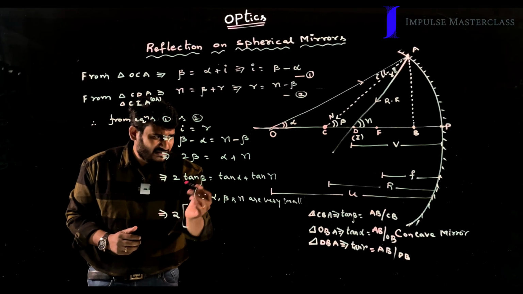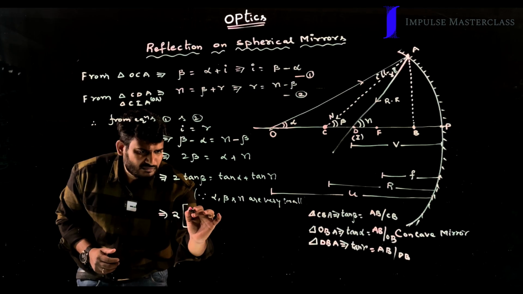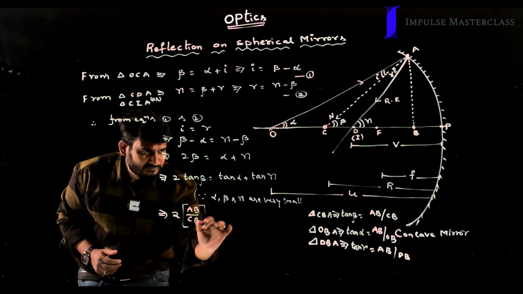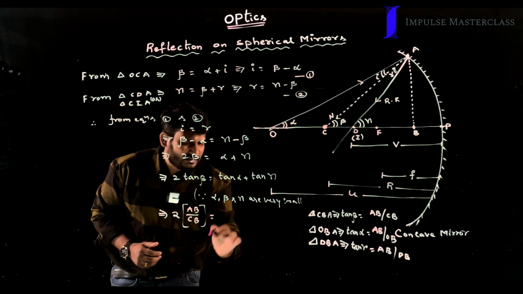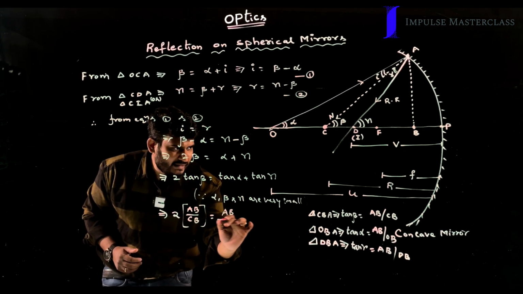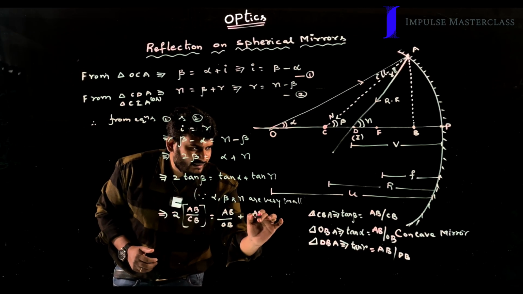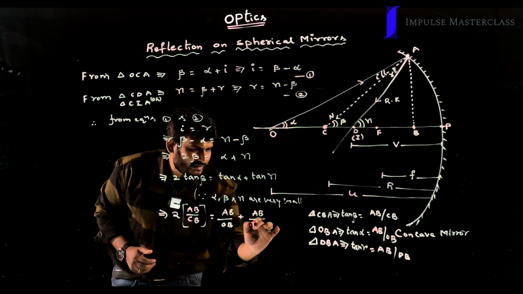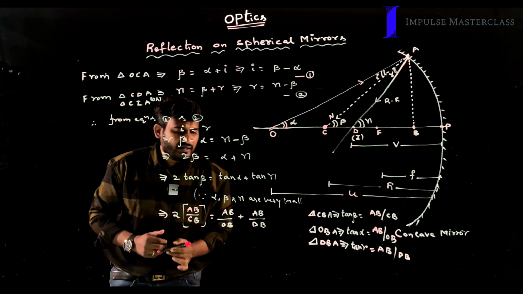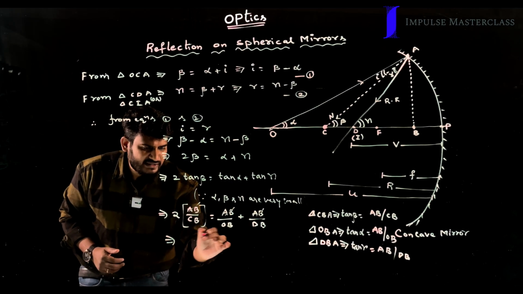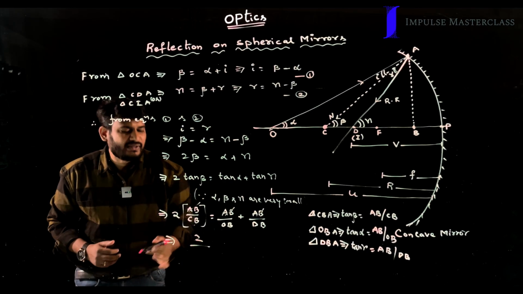Now tan beta is equal to AB by CB. Tan alpha is AB by OB. Tan gamma is AB by DB or IB. Here AB cancels out on both sides, leaving 2 divided by CB.